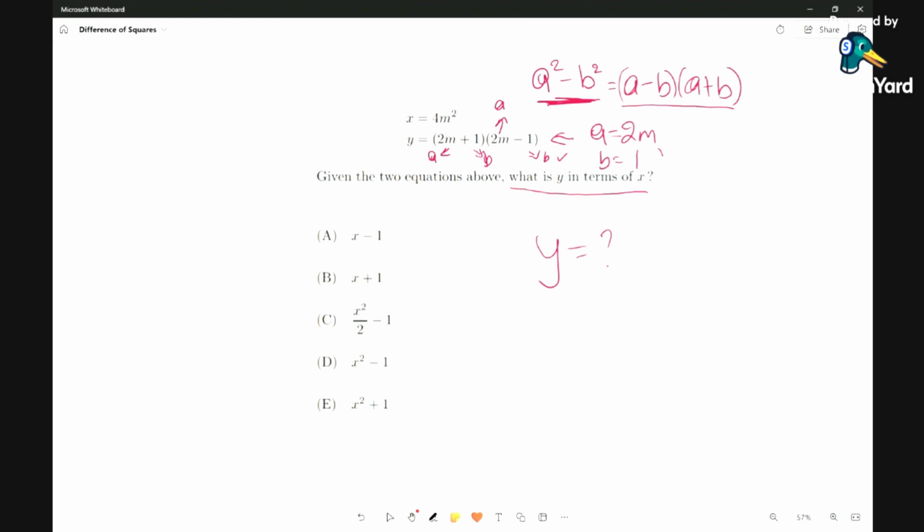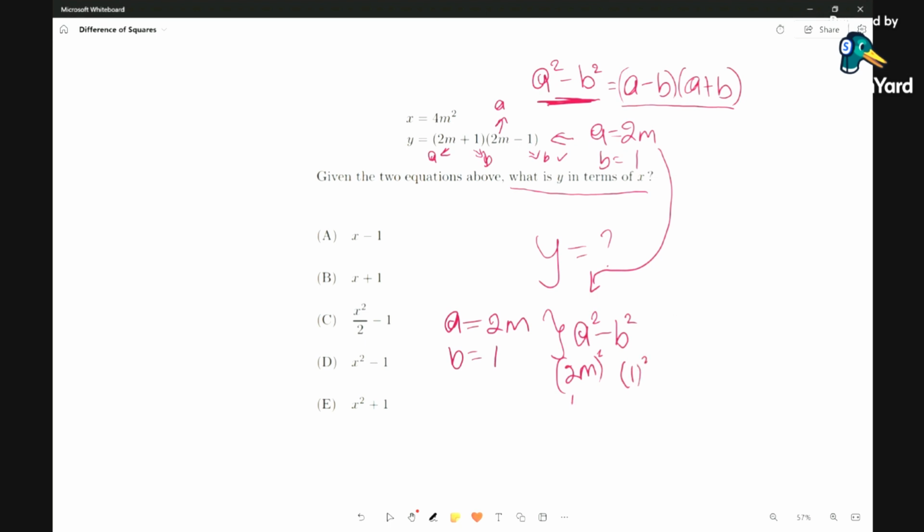Let me bring it down here. Okay, so we have that a equals 2m and b equals 1. So then if I want to put it in the form a squared minus b squared, what will I be doing? Well, that means I'm going to square 2m, right? And I'm going to square 1.